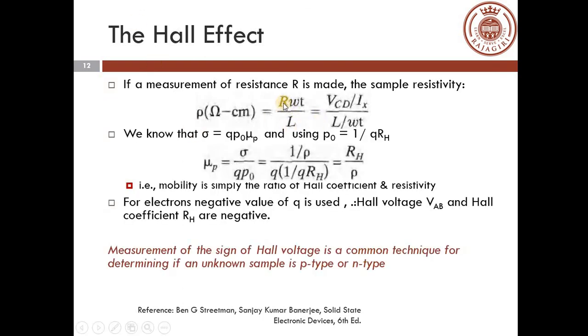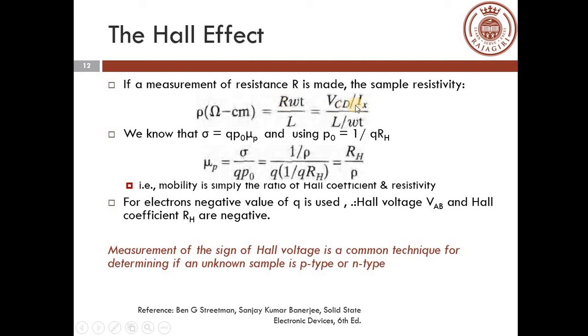We know that resistance R is equal to rho into L by A. So what is the resistivity? Rho is equal to R into A by L. The semiconductor specimen that we considered had a dimension length equal to L, width equal to W and thickness equal to T. So R into A, the cross-sectional area, becomes WT divided by L. And what is R?